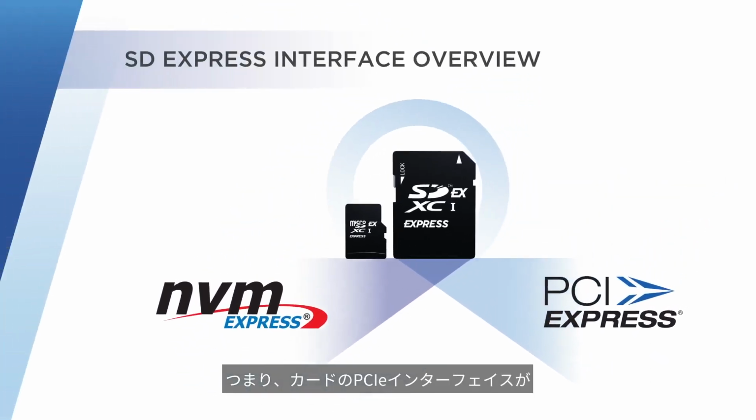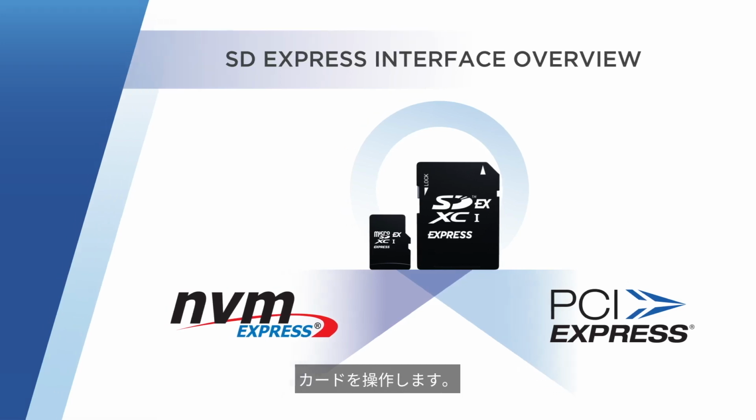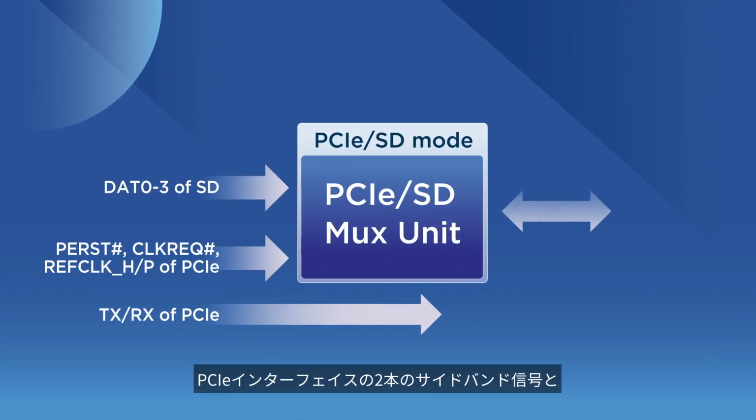This means standard PCIe NVMe drivers you may already be familiar with may operate the card if the PCIe interface of the card is approached by the host device directly and initiated through its PCIe interface. The 4 data lines of the SD interface are shared with 2 sideband signals and 2 reference clock lines of the PCIe interface.